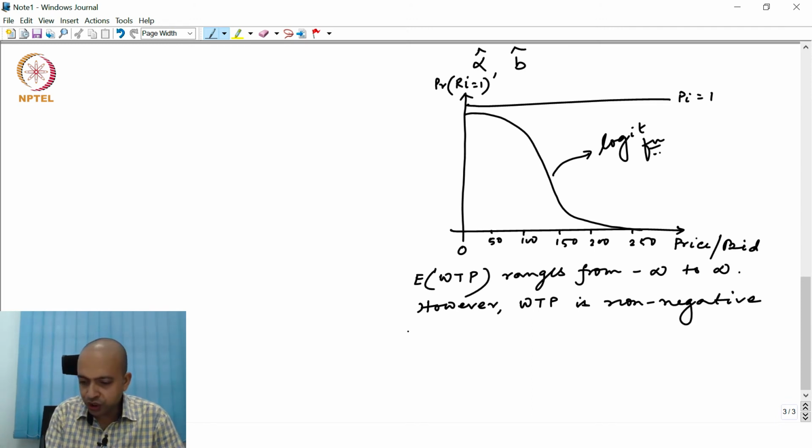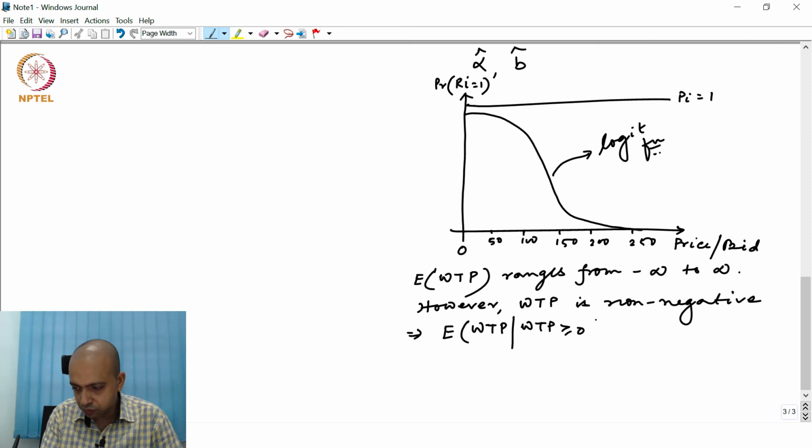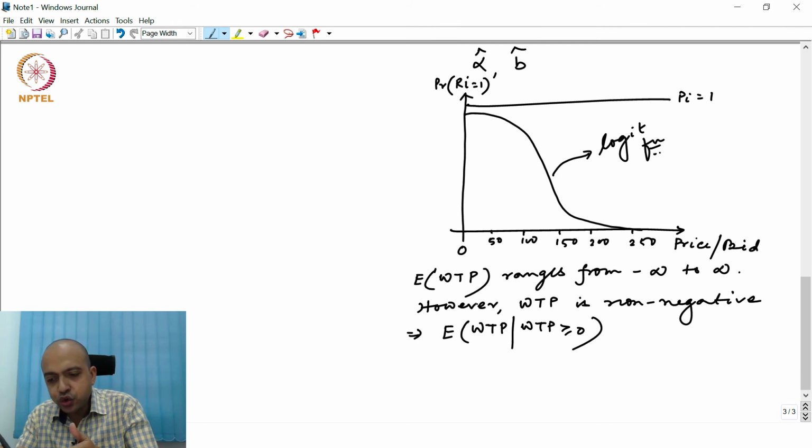That means what we need to estimate is the expected value of willingness to pay, given that willingness to pay is greater than or equal to 0. So I will repeat what I said. First we are deriving the expected value of willingness to pay purely from a statistical function, and the statistical function says that mean willingness to pay ranges from minus infinity to plus infinity, because that is the range of the distribution of this logistic function.